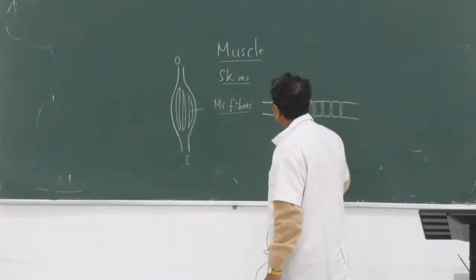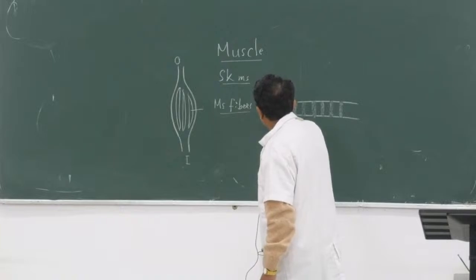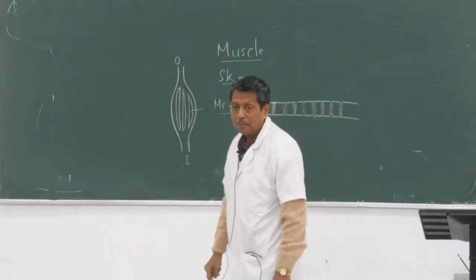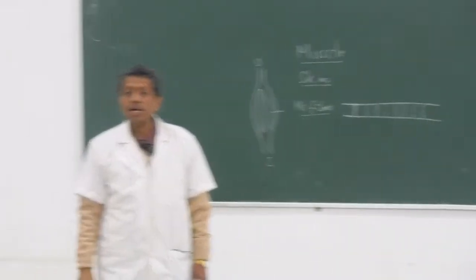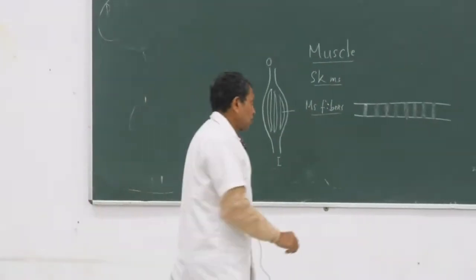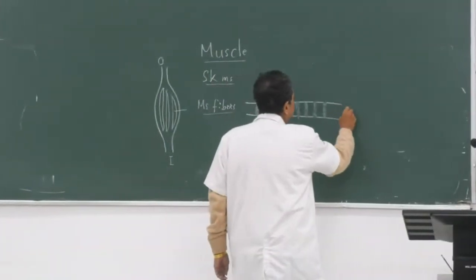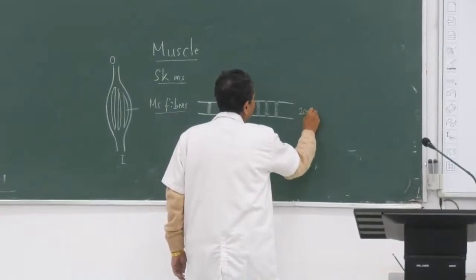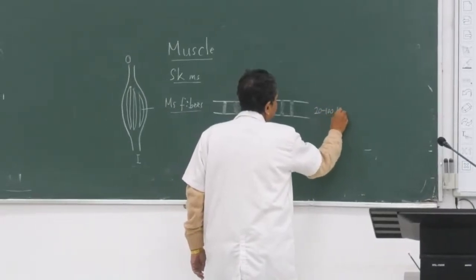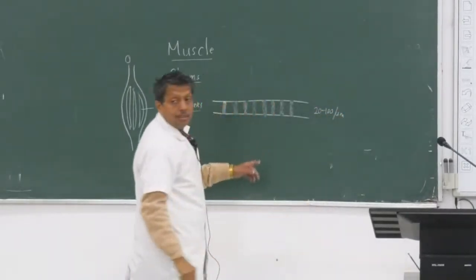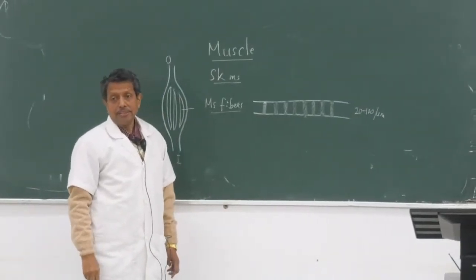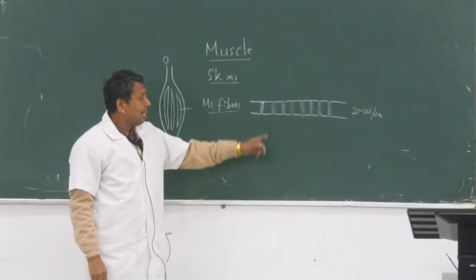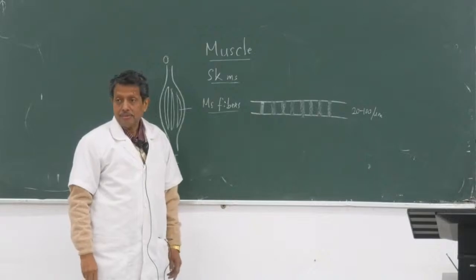Like microscopy or electron microscopy, and they show the striations, muscle fibers of different dimension, 20 to 100 μm, multinucleated, and they have striations like that.